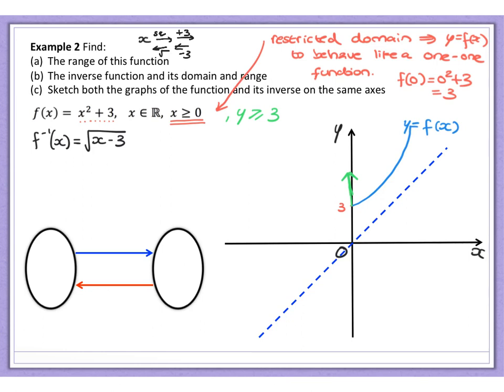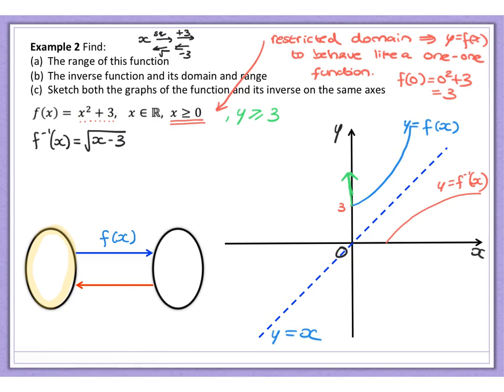Now, let's sketch that inverse function. It's going to look like this, a mirror image in the line y equals x. And let's identify its range and domain. So let's think about the domain of the original function f of x.